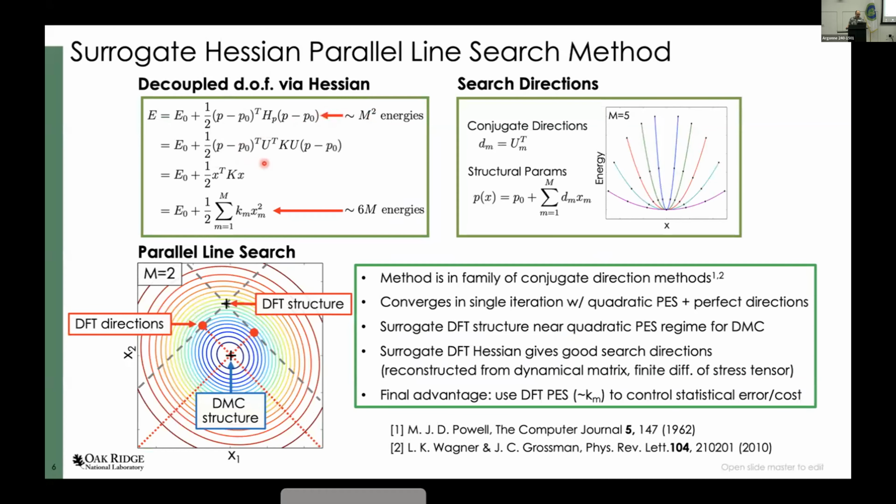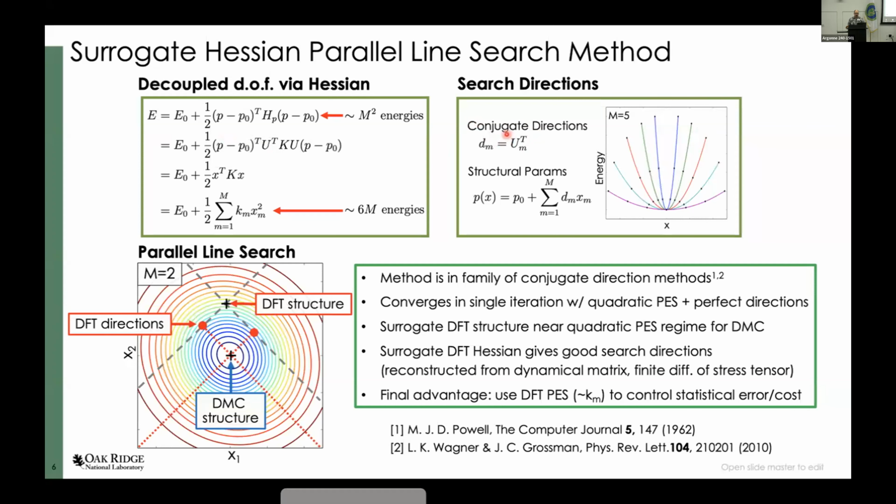You can break it down into mode decomposition: just diagonalize the Hessian here, and you automatically get this decomposed sum over these special coordinates, which are now decomposed lines. So you only need about 6m energy evaluations, something smaller. Okay, so that's a relationship between your overall natural space and these conjugate directions.